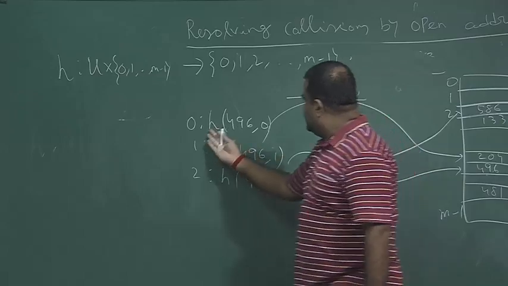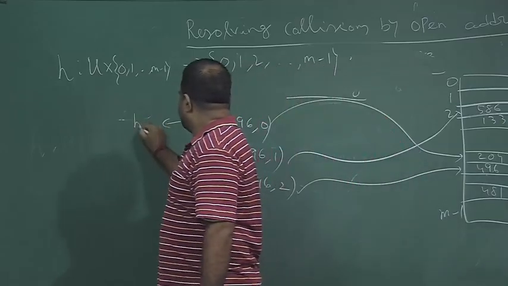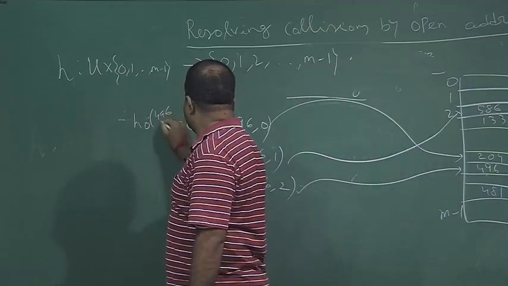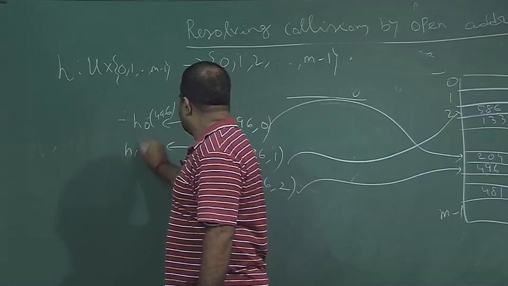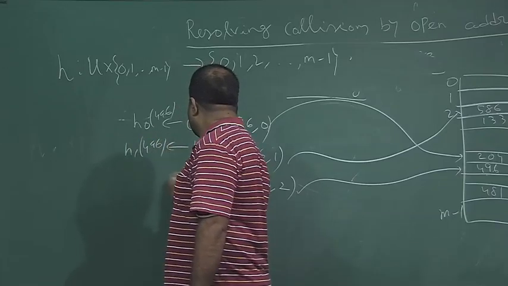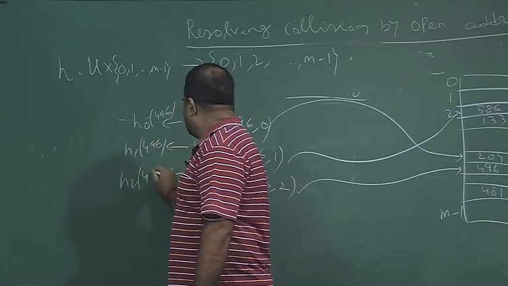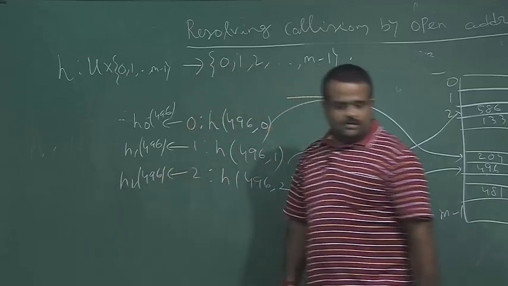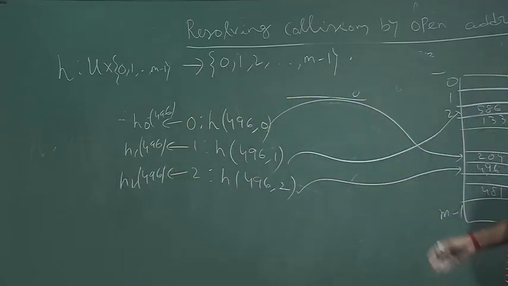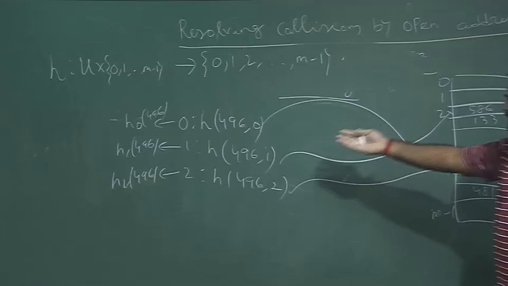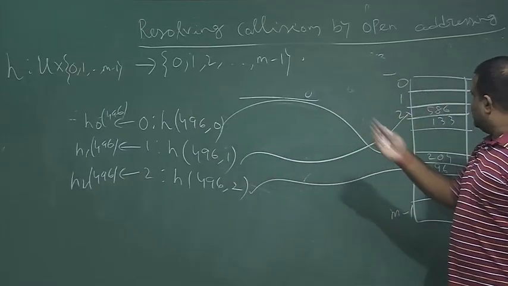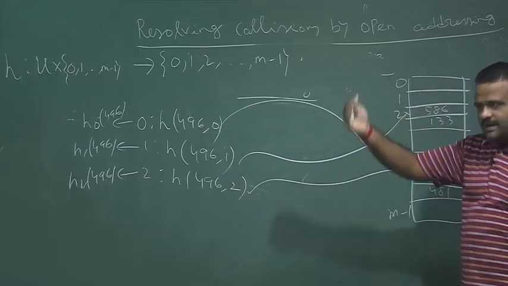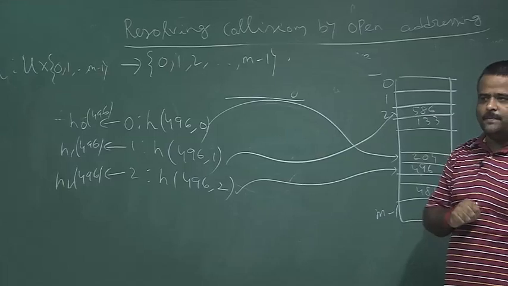So, basically we can denote this by H0 of 496, H1 of 496, H2 of 496. So, we have a sequence of hash functions. We will try with the first hash function, the original hash function. If there is a collision, we will try with the next. So, this sequence is very important.